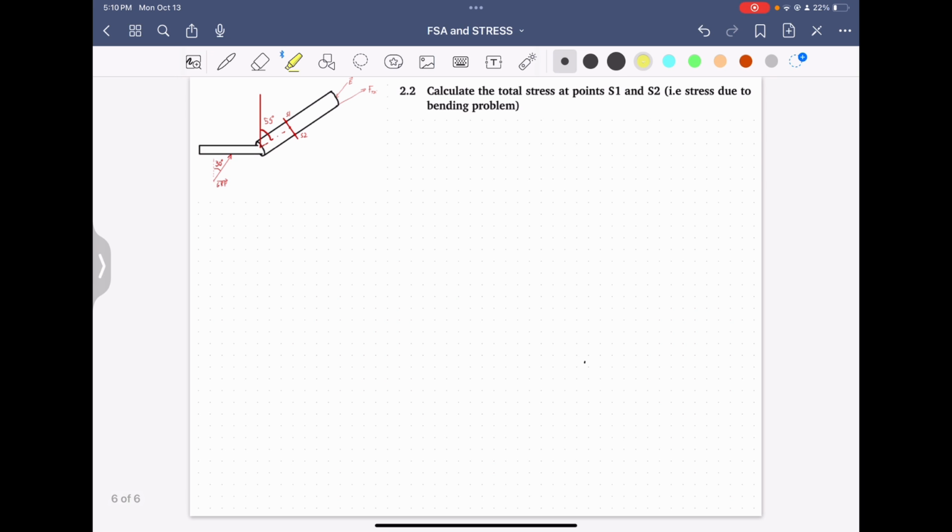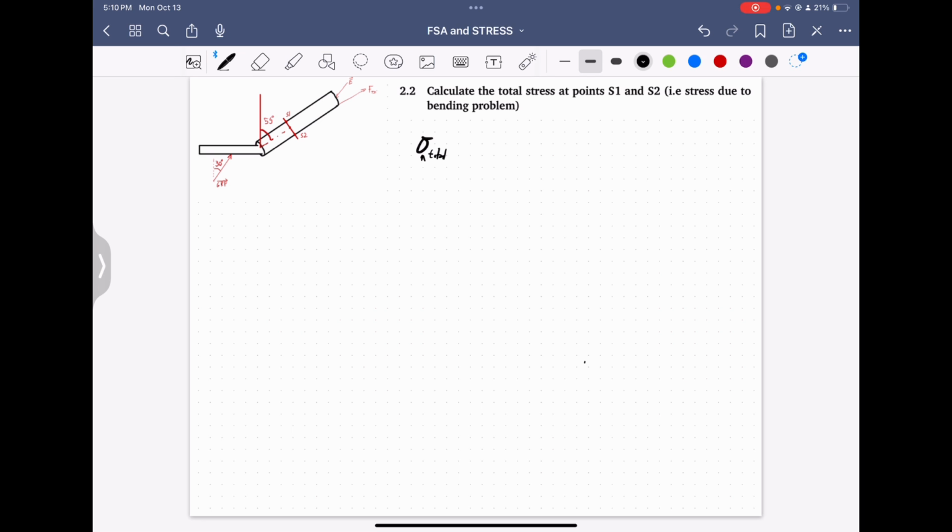Okay, that leads us to our second question. So here we have to ask the total stress. And what does that mean, total stress? So I'm going to say it's total normal stress.